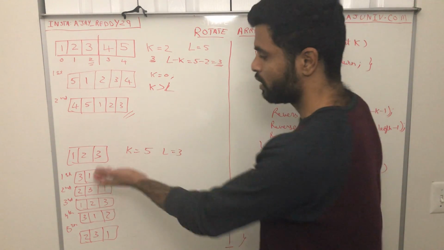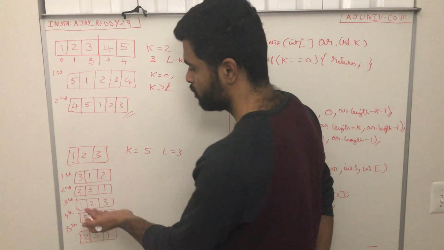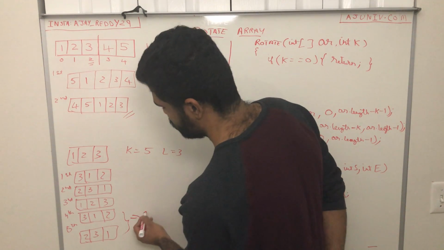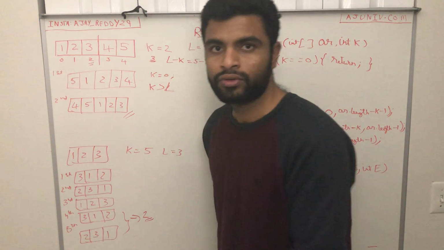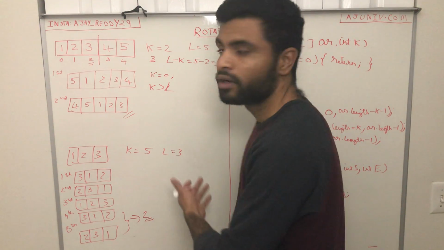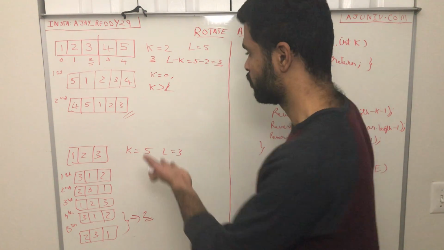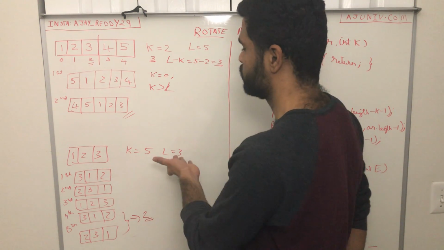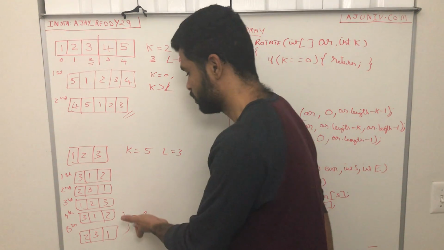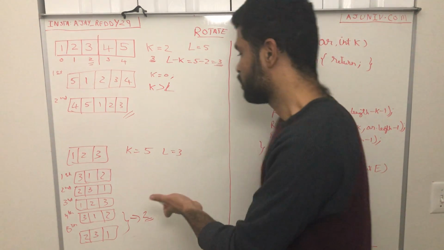So this occurs when k is greater than the length of the array. Here, if I rotate it 2 times, then I'll get the output. So how to find that number 2 whenever k is greater than the length of the array? For that you can simply get the remainder of k. You can do k mod the length of the array and assign that to k, so that you will only rotate 2 times. So let me do that.